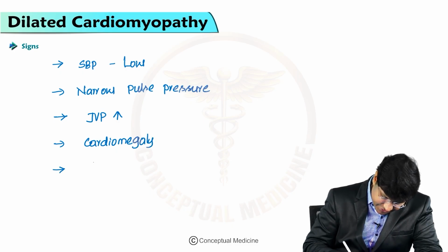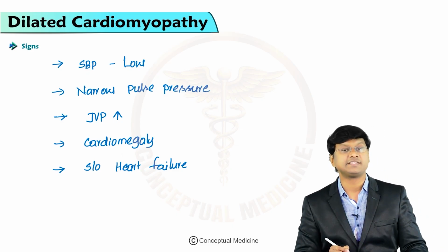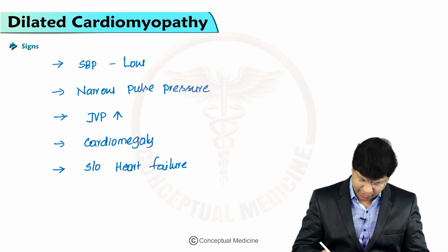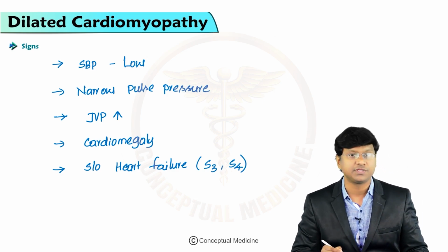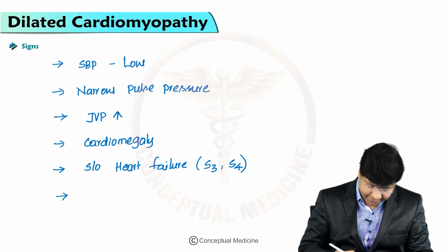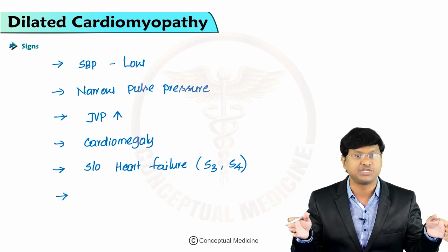These patients have the signs of heart failure. And what will be that? Presence of third heart sound as well as the fourth heart sound. Not only that, because the chambers are abnormally dilated, the valves are stretched apart.